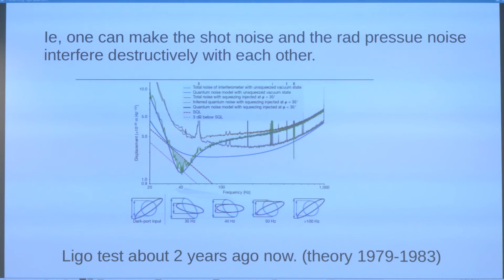And a couple of years ago, the people at LIGO ran one of their first tests of this. They built a small interferometer to test out these ideas. And instead of feeding in just the vacuum into the dark port, they fed squeezed states in.